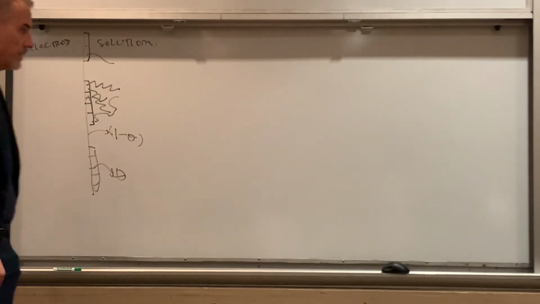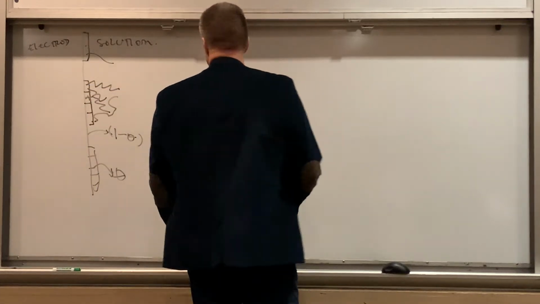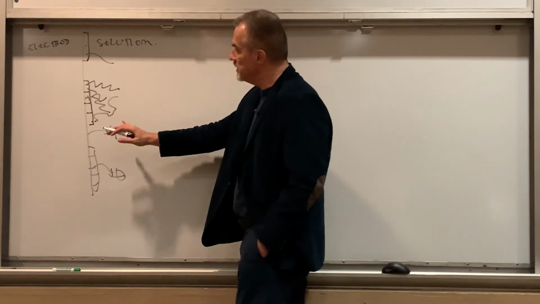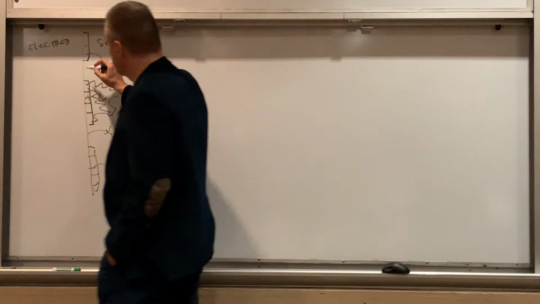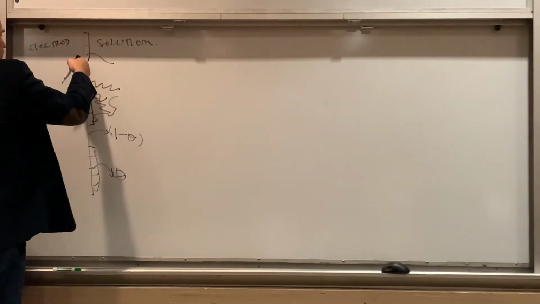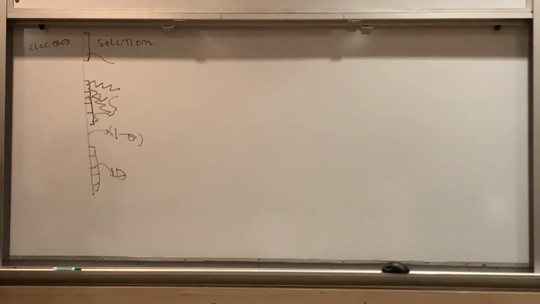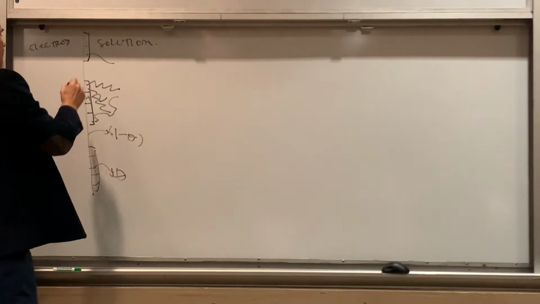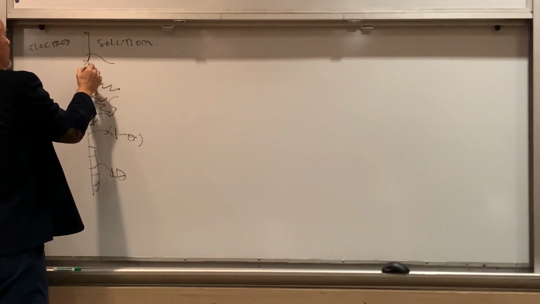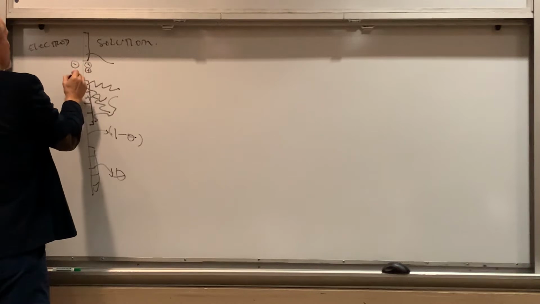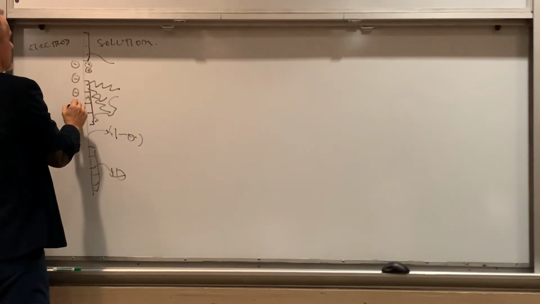Now, when we look at the electrode from this cartoon, we know that on the free surface, where no adsorption has happened, we have a bunch of positive ions, if this is a negatively charged surface, for example.